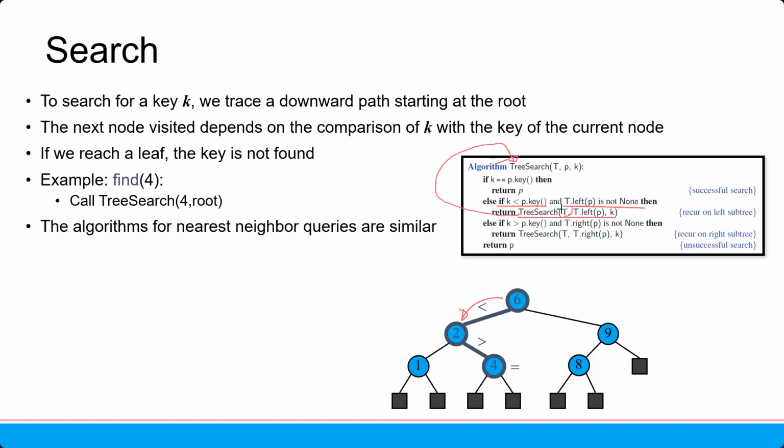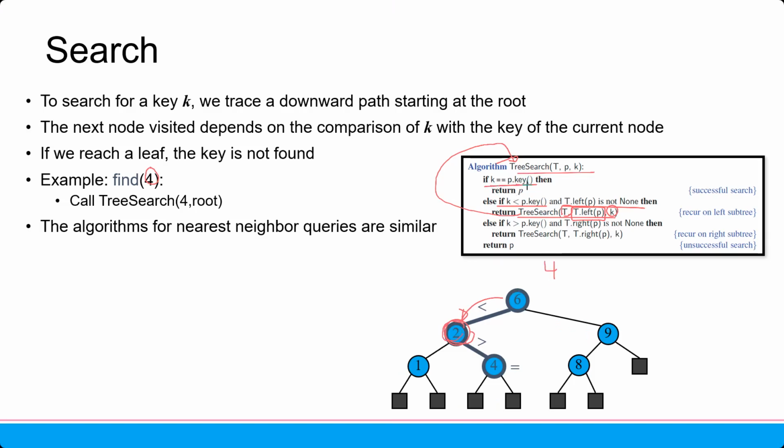So we have T, and then we call the left of P, which is 1, and again we still put K, the number that we want to find, which is 4. Now we are in this position. So we go again: K equals P.key. Let's say we want to find 4.